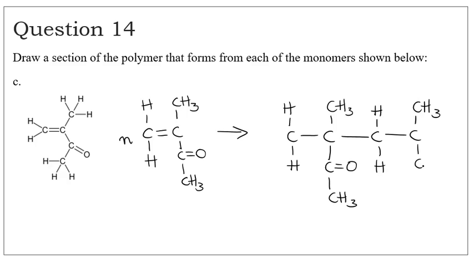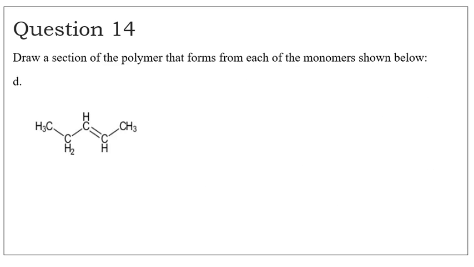As long as you have the correct number of branches per monomer, that's okay. But I tend to just keep it the same way. It's a little bit easier to draw. I mean, you don't really need to think about these things. Okay, that's it.